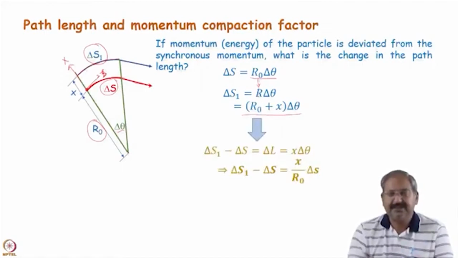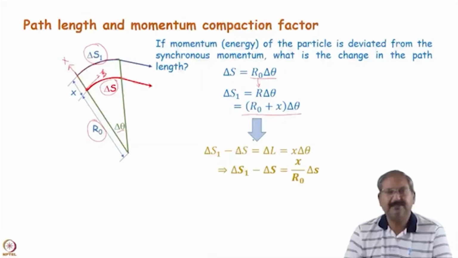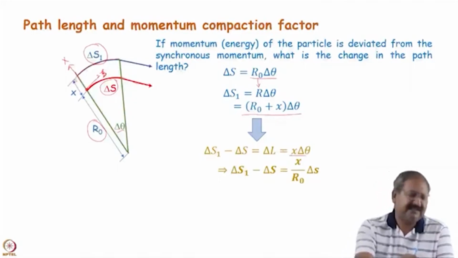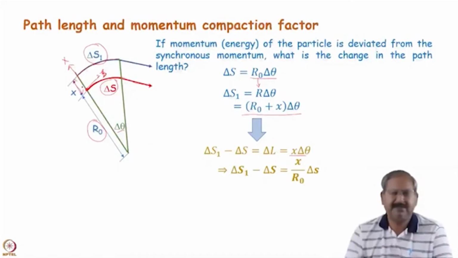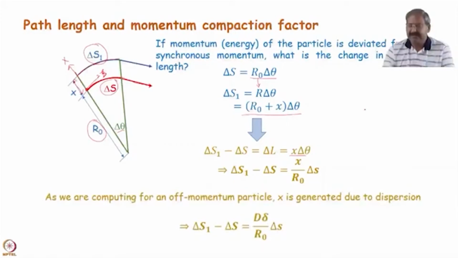Using these two equations, we can get delta s1 minus delta s, meaning how large the path length of this momentum-deviated particle is compared to the synchronous path, and this will be x delta theta. Now this x is decided by the dispersion. So in place of x, we can write D into delta, where D is the dispersion at that location.